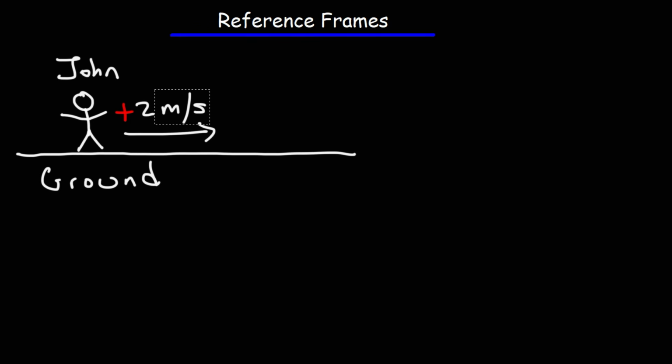Now, I'm going to change the units of his velocity because to move at a speed of 2 meters per second, that's actually quite fast for a person. So let's say it's 2 miles per hour. Now we're going to have another person. We'll call this person Sally.